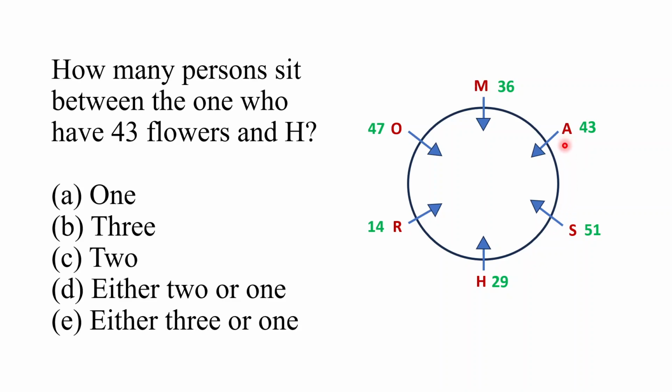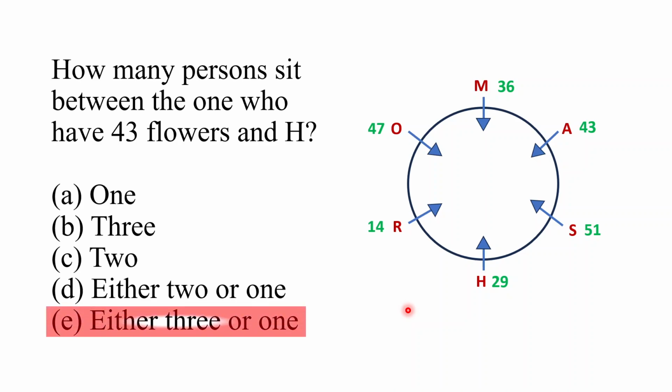In the clockwise direction, only one person is sitting between A and H. If we consider the anti-clockwise direction, three people are sitting between A and H. So either one or three people are sitting between A and H. The answer should be option number E, either 3 or 1, because we don't know in which direction they are asking. Let's check our answer. See, we got the correct answer again.